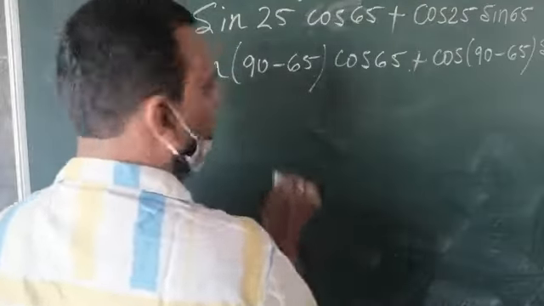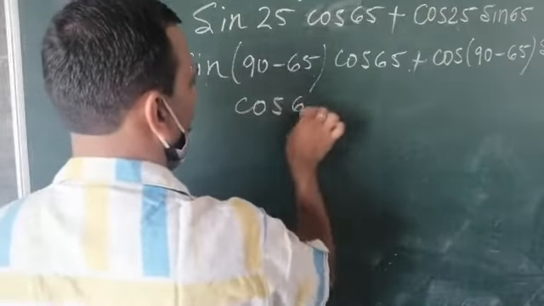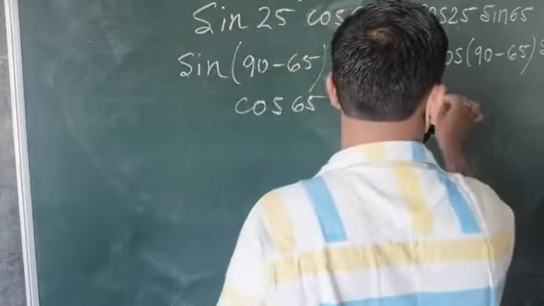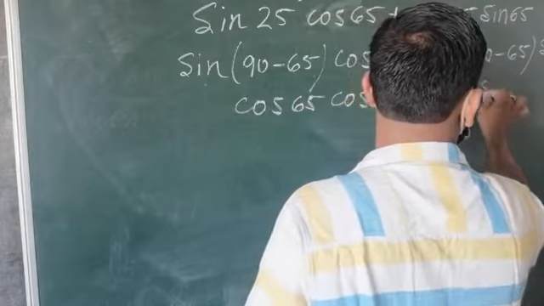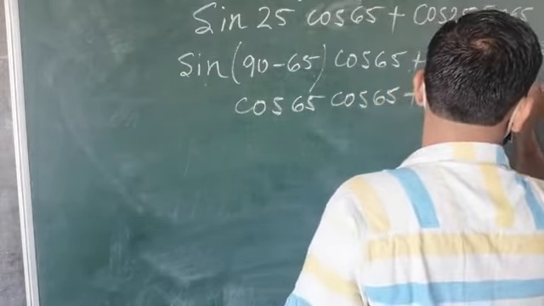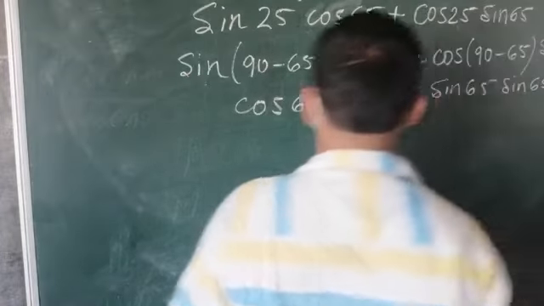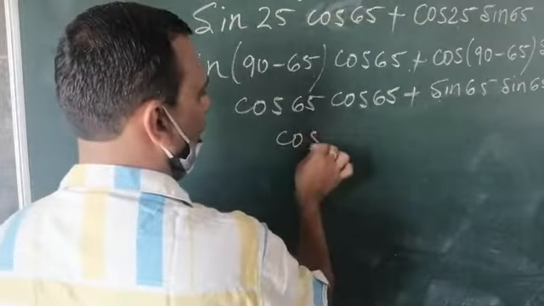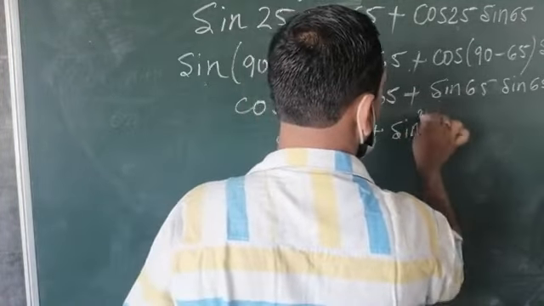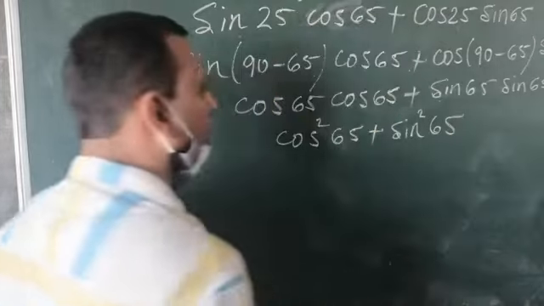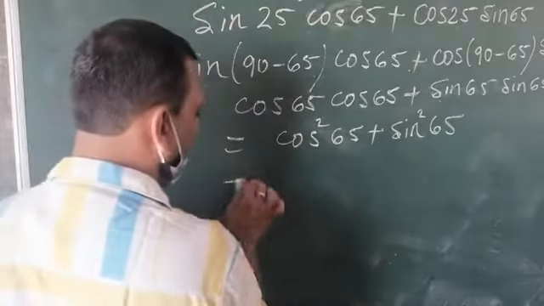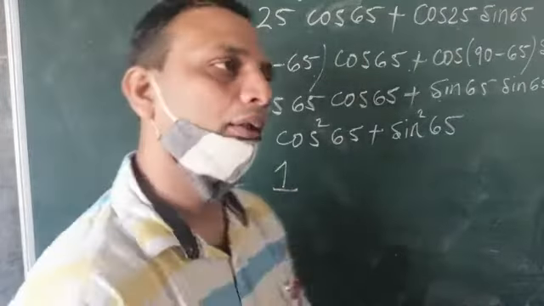Sin 90 minus 65 is equal to how much? Here plus cos 65 sin 65. Here also sin 65. Now here we can do the square. Cos square 65, sin square 65. Now sin square 65 plus cos square 65 equal to what? 1. Because this is according to the first trigonometric identity.